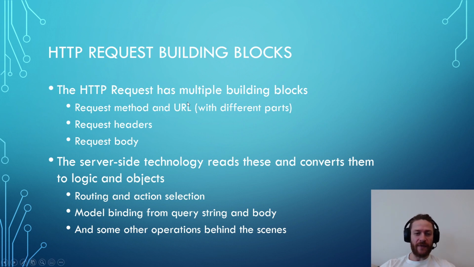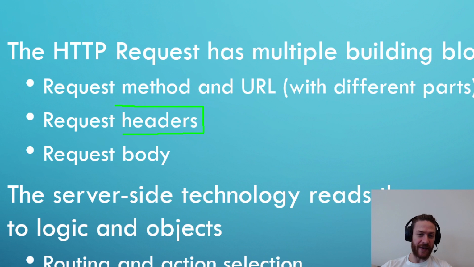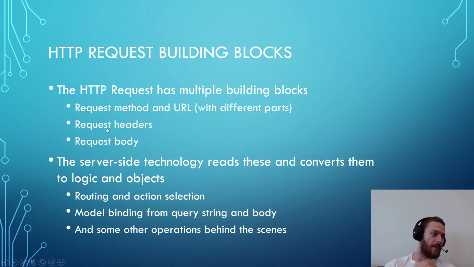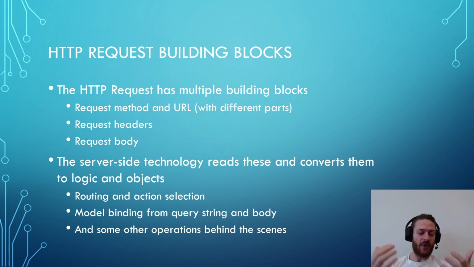Okay, then we have an URL. I already mentioned that we have different parts. I'm not going to cover that. We have the so-called headers, and the headers are the most important part of the HTTP, because with the headers, the client and the server communicate and understand each other. So having a request header means something to the server, and having a response header means something to the client.